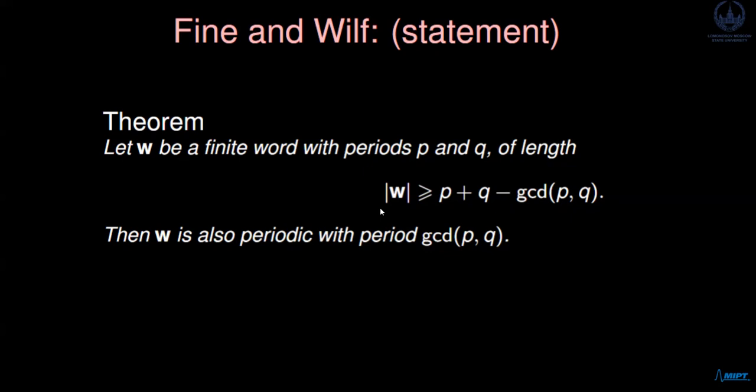This result helps in understanding the structure of periodic sequences and plays a role in various applications such as string matching and pattern recognition. In essence, this theorem gives us a way to reduce two periodicities to a single periodicity, provided the word is long enough.